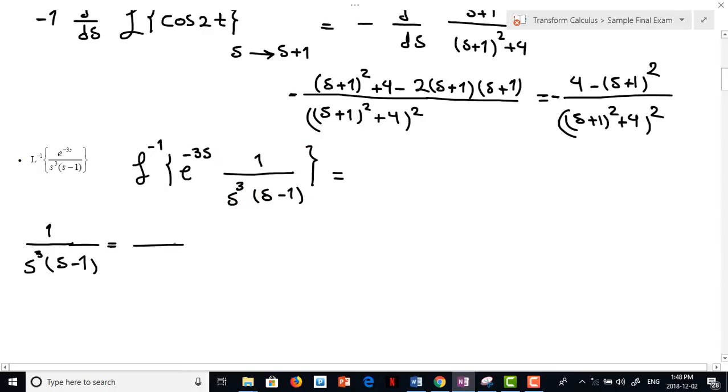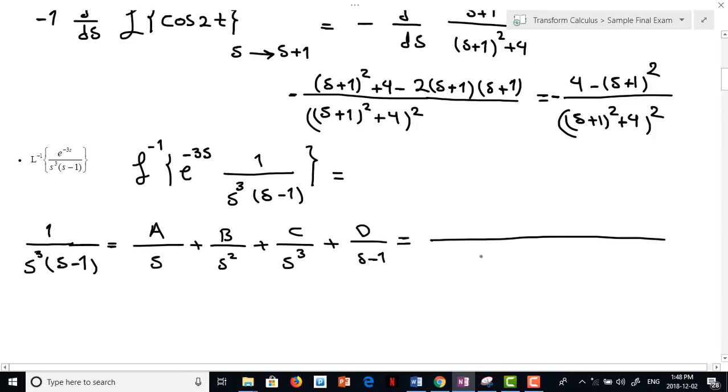So it's equal to a over s plus b over s squared plus c over s cubed plus d over s minus 1. If I add these four fractions, we have s cubed times (s minus 1) in the denominator.